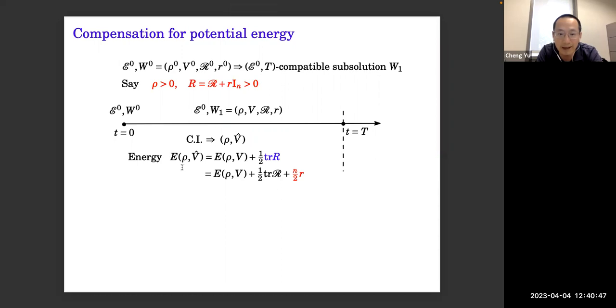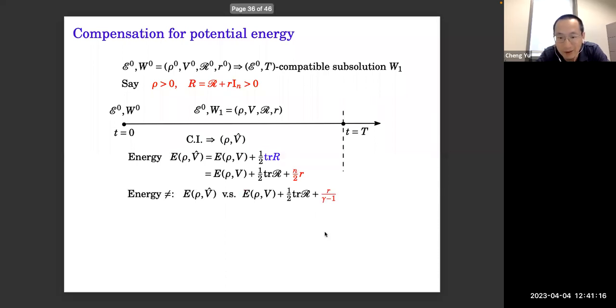For rho V hat, the energy is given by E rho V plus half trace R. Here rho V is a subsolution, which is a weak limit from the vanishing viscosity limit of the compressible Navier-Stokes equations. But here we have a half, so look at this red term. This is different from this one. So that means the energy will dissipate here.